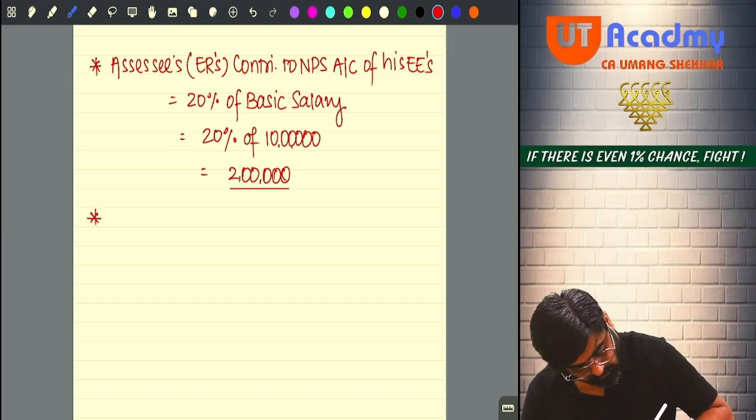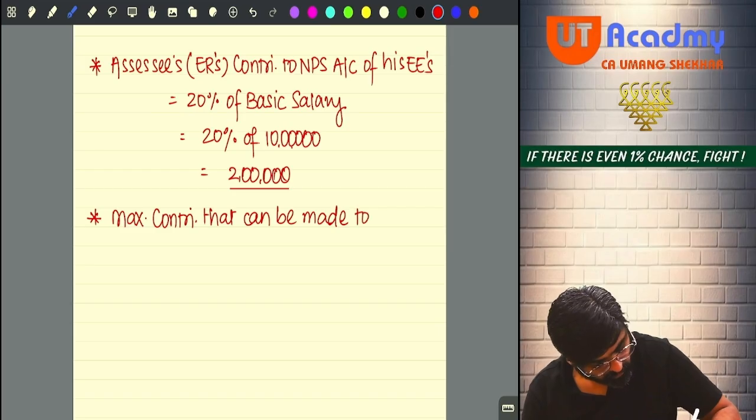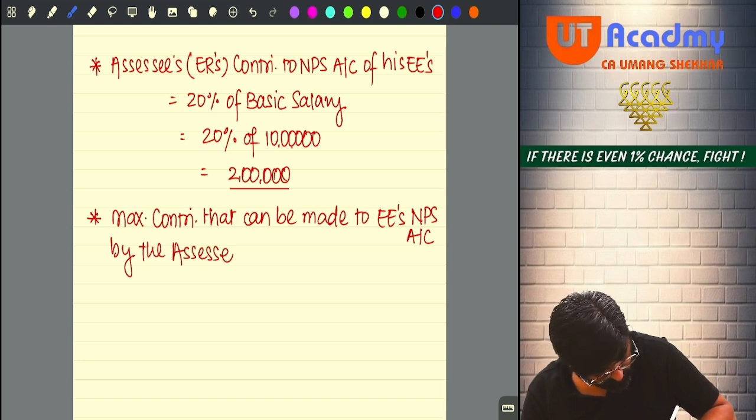And 2 is maximum contribution that can be made to employees' NPS account by the assessee, who is what?